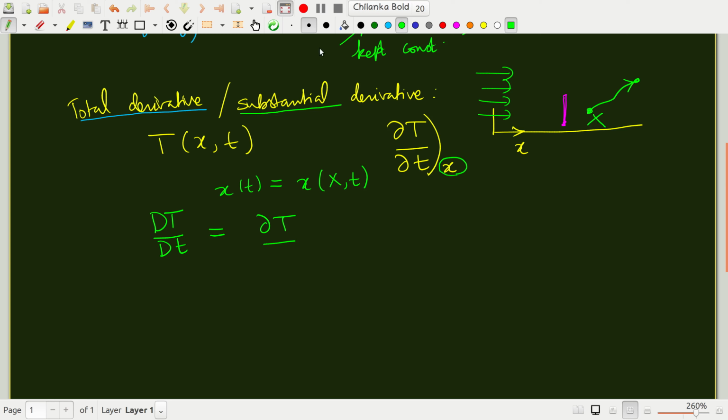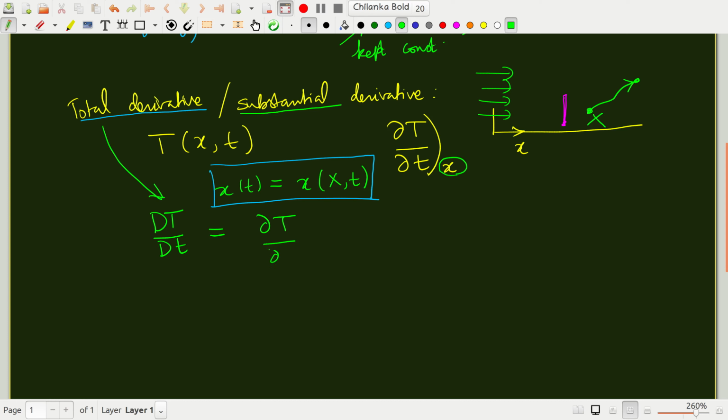So the trajectory of the fluid particle is given by this function. The current position of the fluid particle, small x, as a function of time depends on its initial position capital X and time.